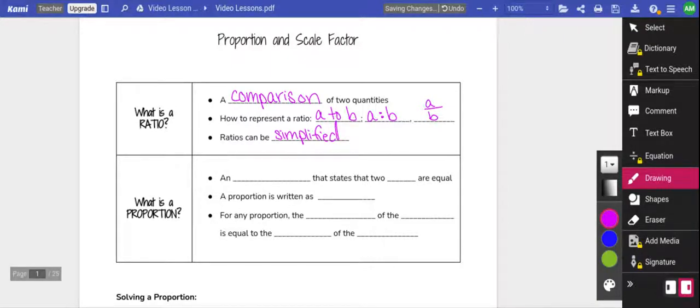Now, what is a proportion? A proportion is an equation that states that two ratios are equal to each other.